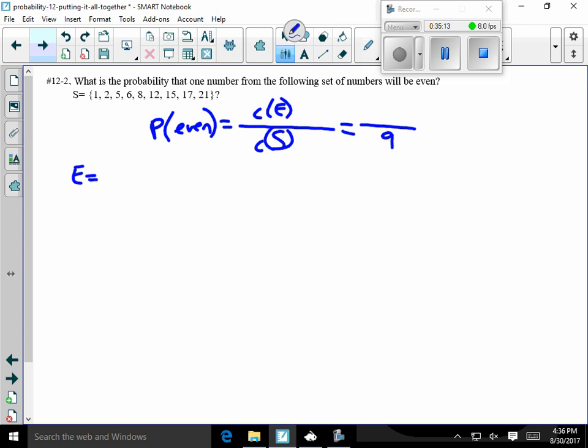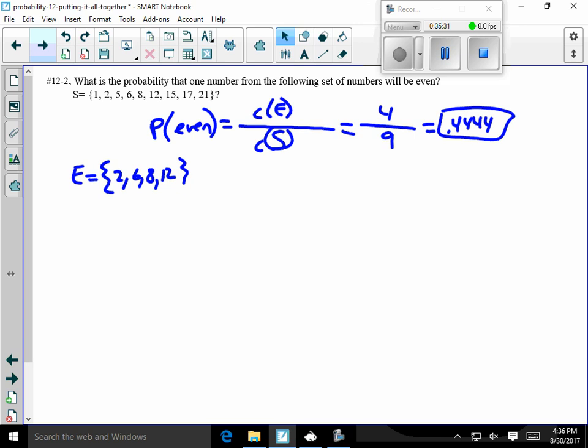So if I made a set for the event, I would go back through here and include only even numbers. The 2, the 6, the 8, the 12, that's it. And so that's 4. And so this problem would just be 4/9, or in decimal form, 0.4444. Okay? So definitely a single event strategy is the appropriate approach there, and it's the simple case of equally likely cases.